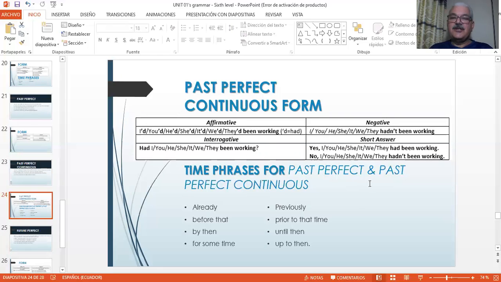There is no change for any of them. Okay, and the time expressions we use here are already, before that, by then, for some time, previously, prior to that time, until then, up to then, and so far, and similar expressions.